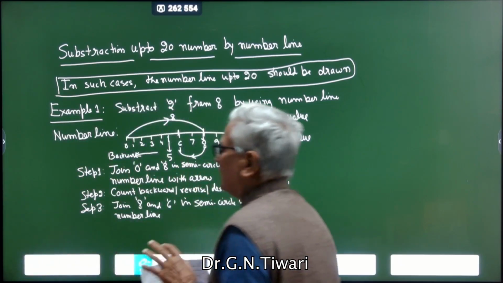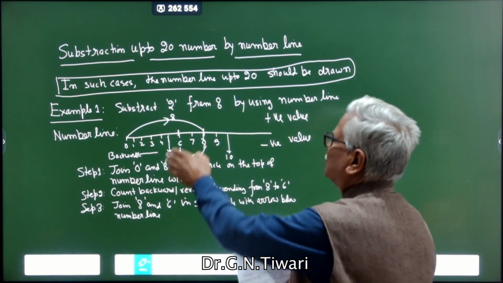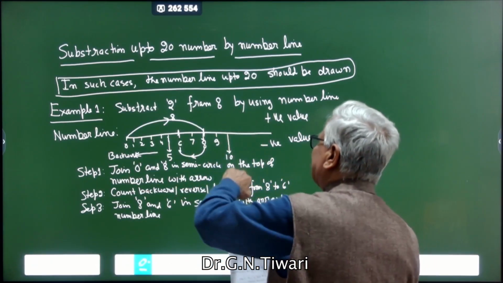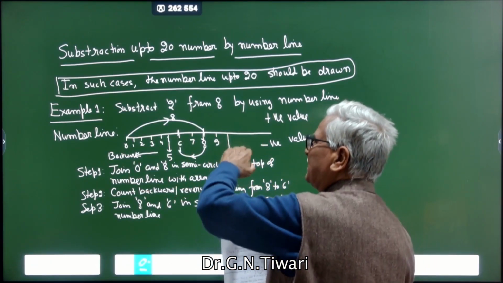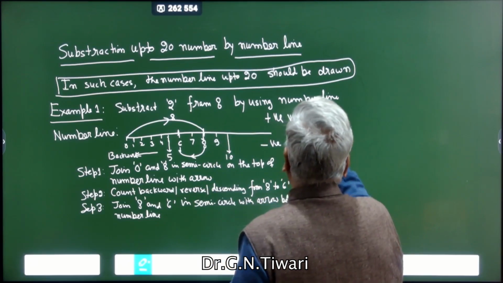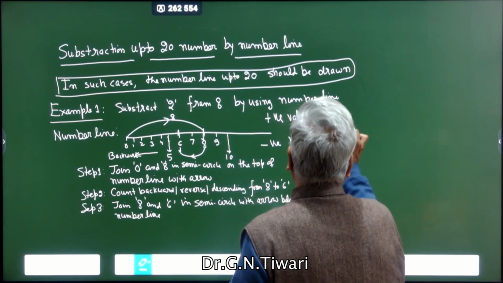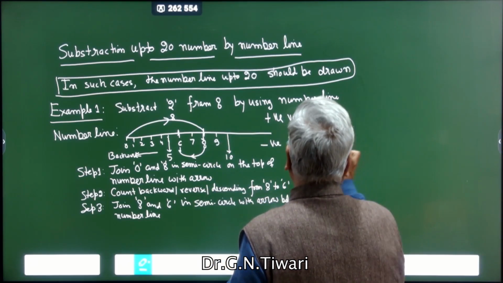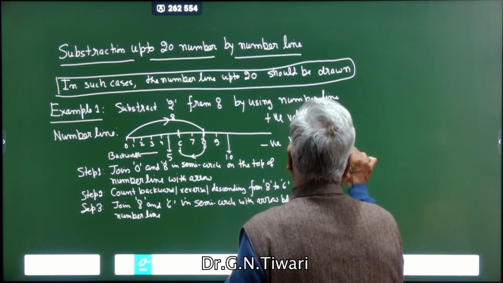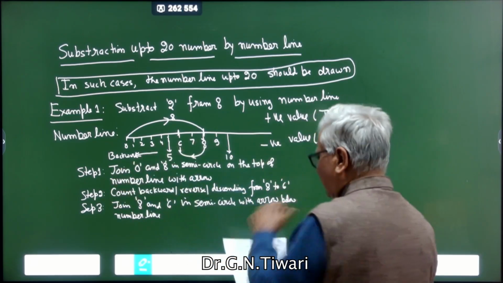That means the first digit should be on the top and the second digit should be below. So you can say it is the top, to understand in a better way, and this is below with respect to the number line.